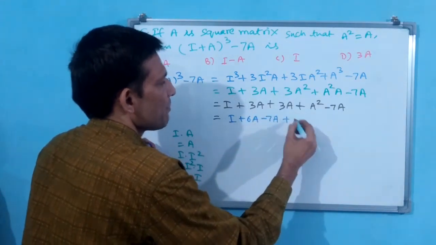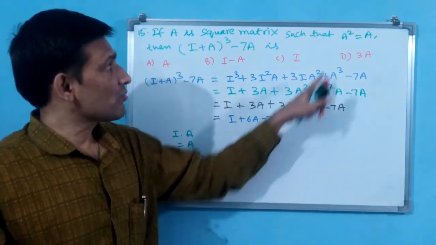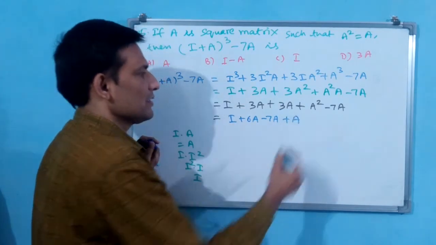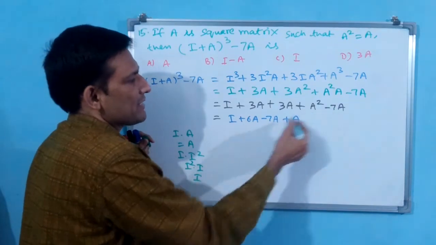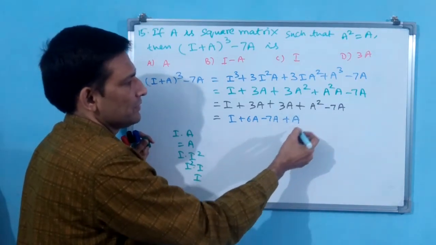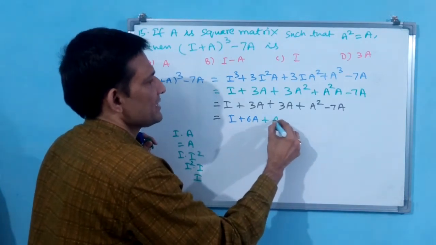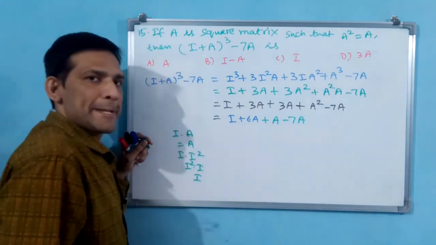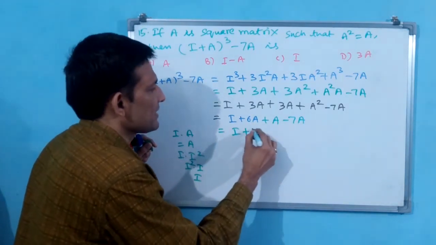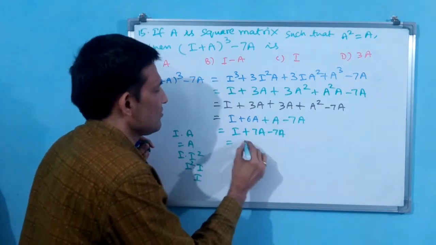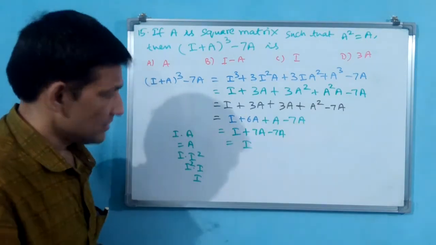You see 3A plus 3A is 6A, minus 7A I have taken, and A square again I am writing as A. Now you see I plus 6A minus 7A plus A square, plus A minus 7A. Now 6A plus A is 7A. I plus 7A minus 7A is equal to I. What is the answer? C.